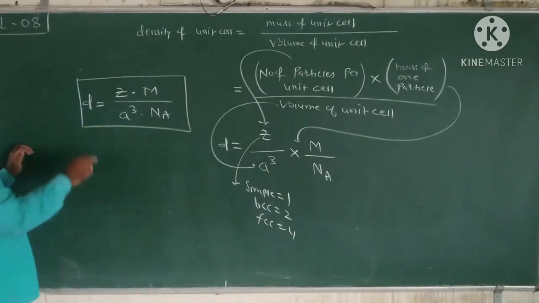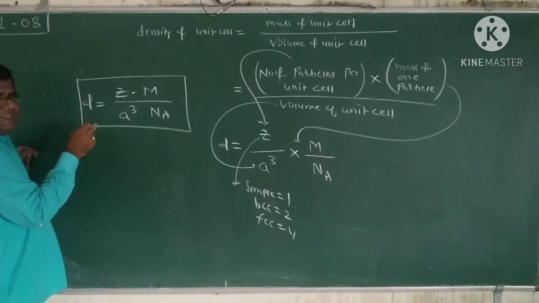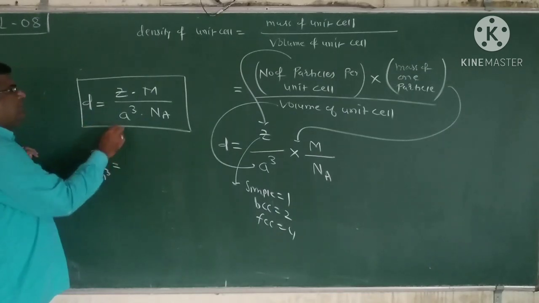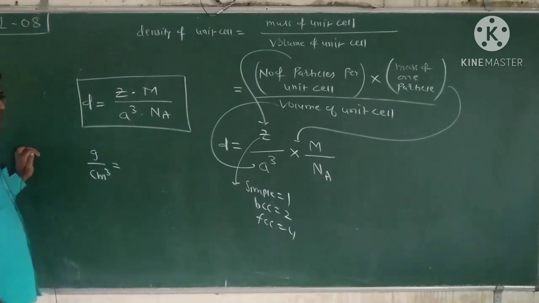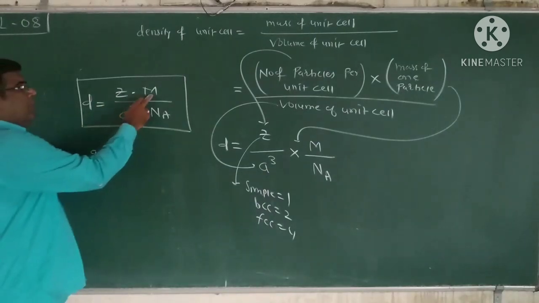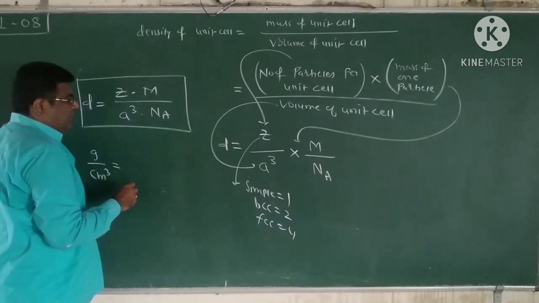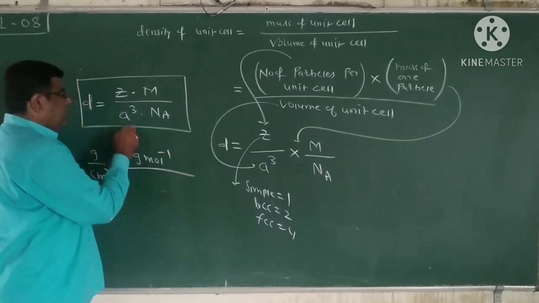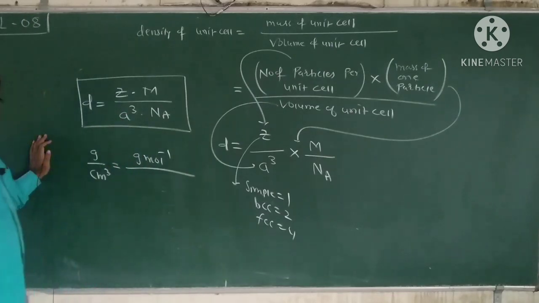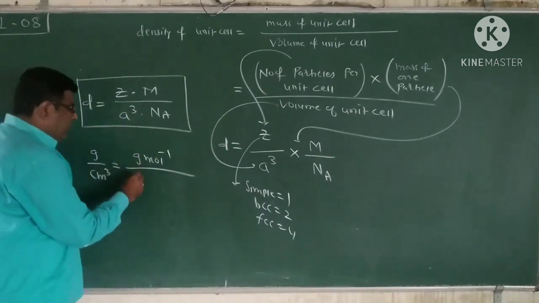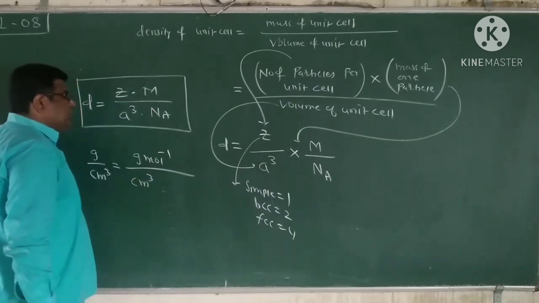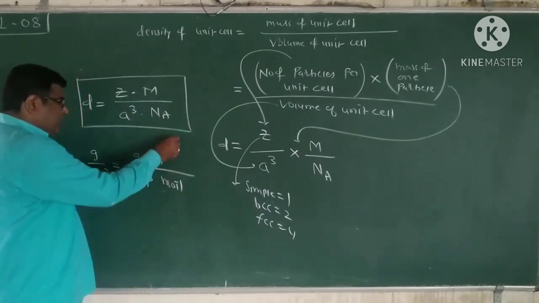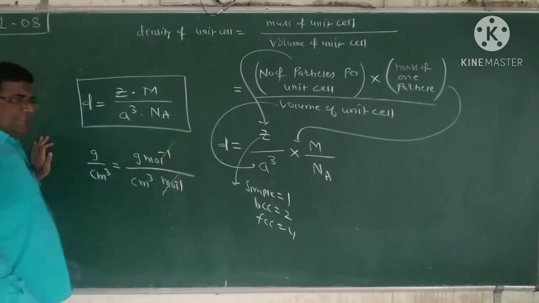The unit of this density generally used is gram per cubic centimeter. Z has no unit, it is just a number 1 to 4. Unit of atomic mass or molecular mass is gram per mole. Unit of edge length is centimeter, and cube of that is cubic centimeter, and Avogadro number unit is per mole. So this per mole gets cancelled.